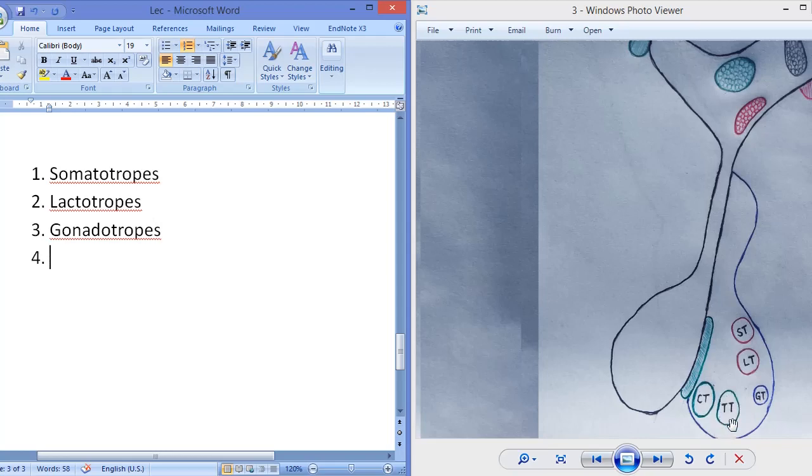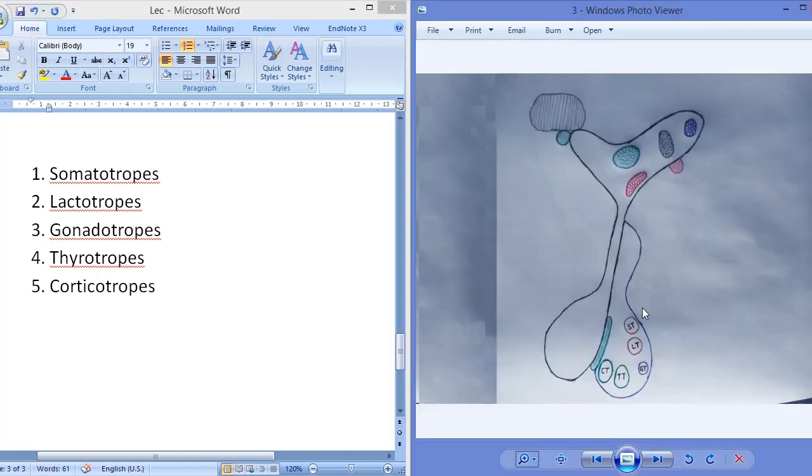This group of endocrine cells represents the thyrotropes, and this group represents the corticotropes. All of these are very important.